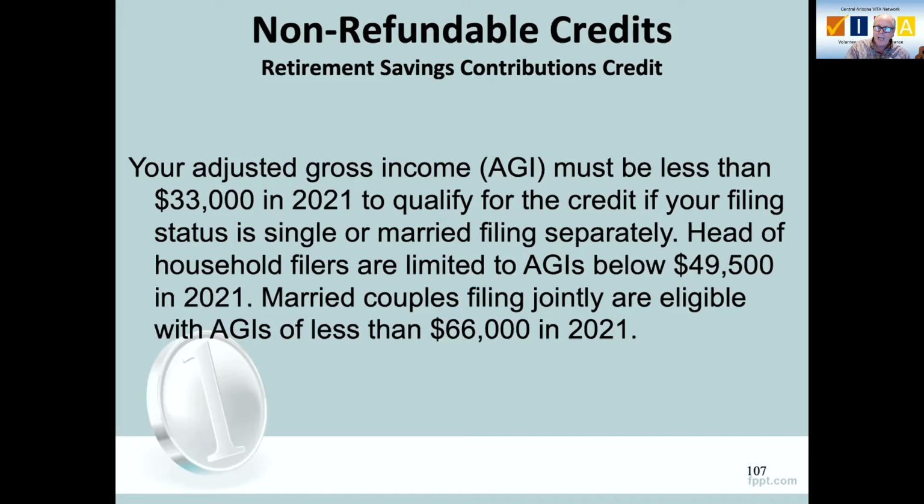So I say, hey, look, Joe, you're going to get a $1,000 refund. Why don't we say you make a $2,000 IRA contribution, or just a $1,000 contribution. That way you take your refund and save it. And then when we put this in the tax software, it's going to increase your refund by, I don't know the exact amount, but I'm thinking $200. Then you have to make this contribution by April 15th.